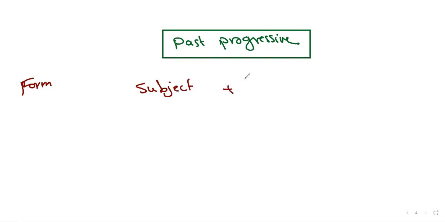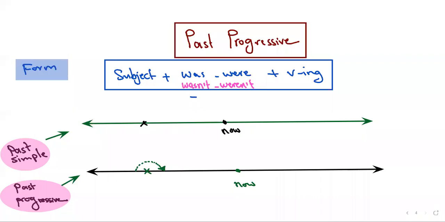After that, we have was and were and the verb plus ing. If you want to make a negative sentence, of course, I use wasn't and weren't. If you want to make a question, I start with was and were.